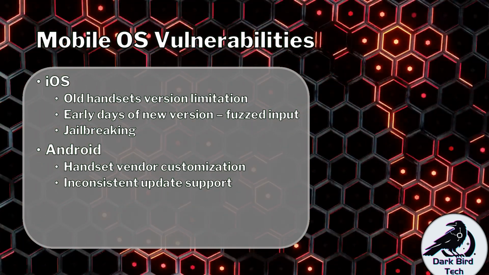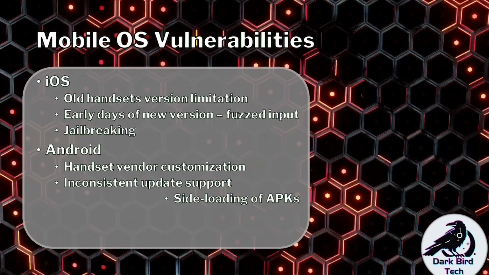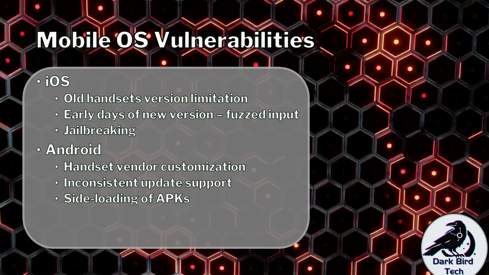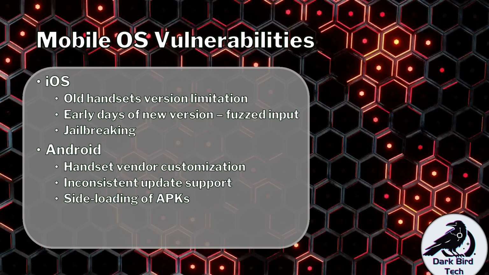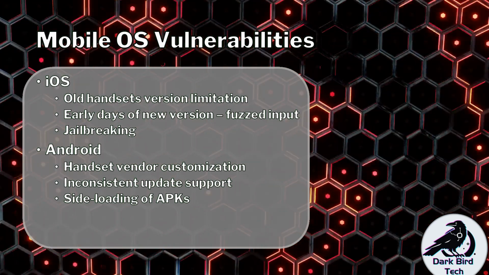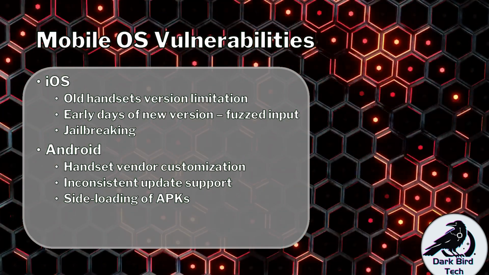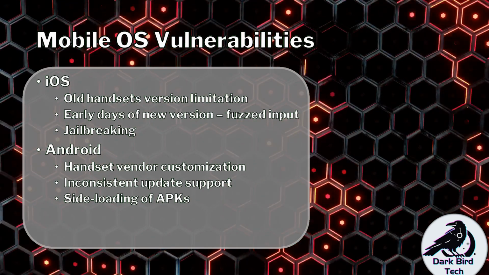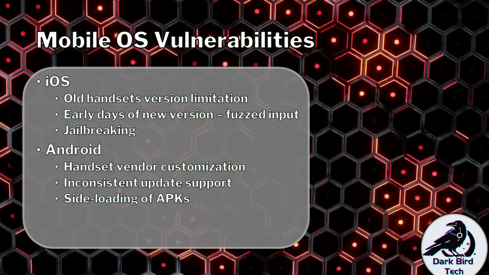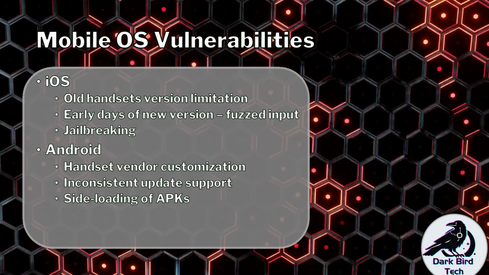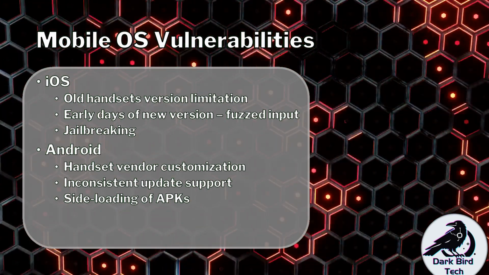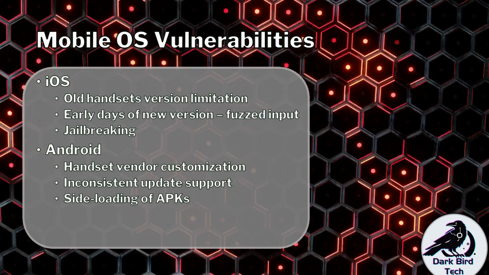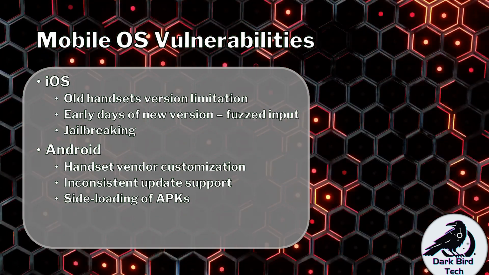Also, another challenge you've got to deal with on Android and vulnerabilities is that you can very easily sideload APKs. Now, for those of you who aren't Android users, an APK is the actual file that you would want to have so you can manually install an Android app outside of the Google Play Store. All you have to do is jump around the right settings on the device and disable the security setting that reads something to the effect of block apps from unknown sources.